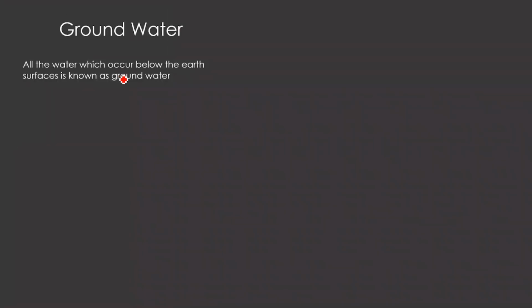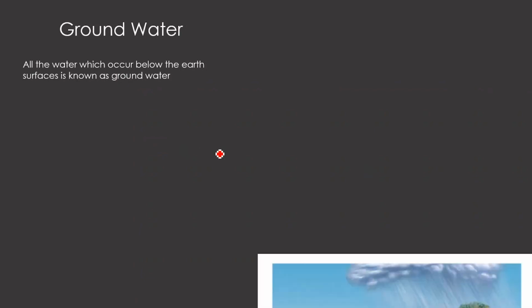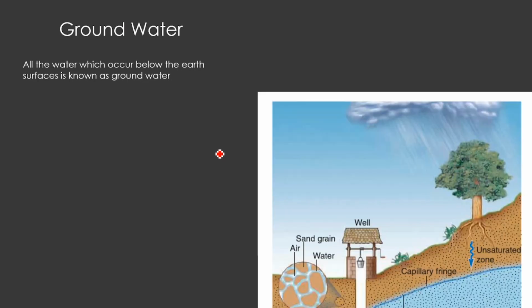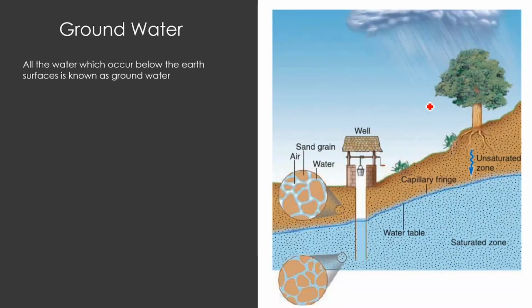Groundwater means all water which occurs below the earth surface. This is how we usually extract groundwater. This is the surface where our day-to-day activities are going on, and this is a portion where the soil is not saturated.